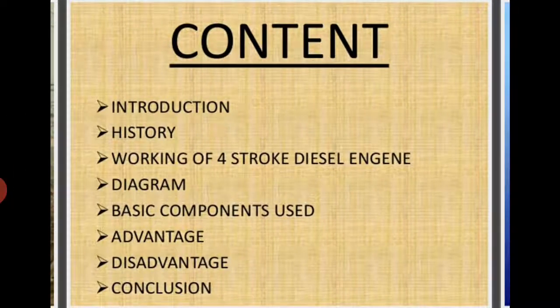The content that will be discussed is its introduction, history, working of the four-stroke diesel engine, its diagram, basic components, basic terms used while explaining the four-stroke diesel engine, advantages of using the four-stroke diesel engine over the two-stroke engine, and disadvantages of a four-stroke engine.